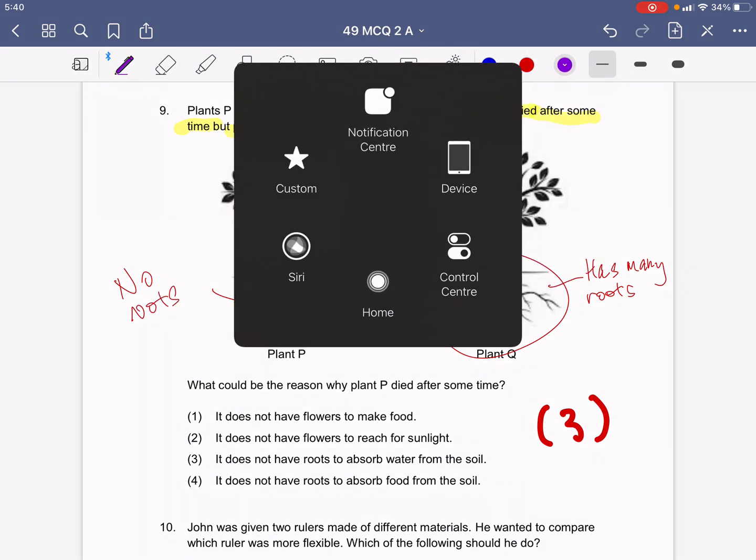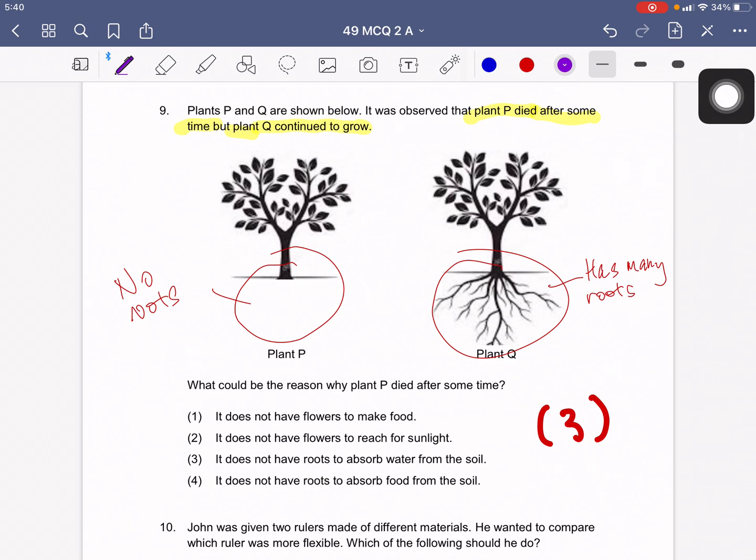Now if there are no roots, that means it cannot perform its function, which is to absorb water. Alright, so no roots means cannot absorb water. And if it cannot absorb water, you will see that the plant will die.